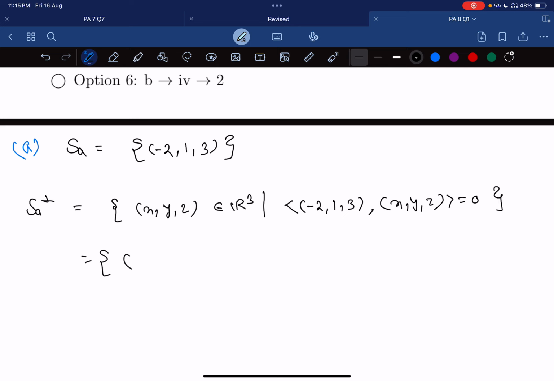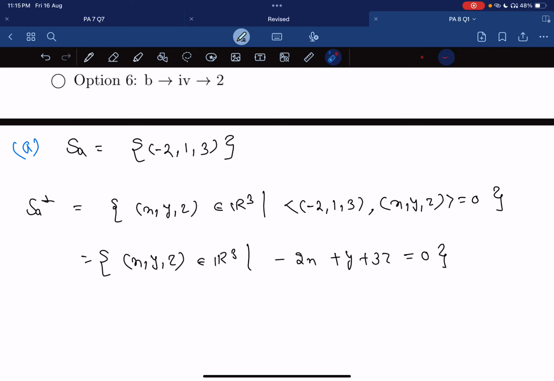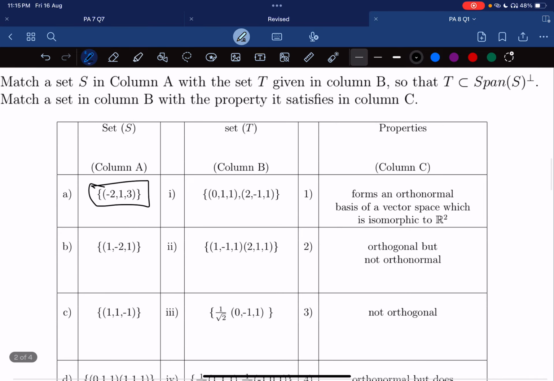So it would be minus 2x plus y plus 3z is equal to 0. Now all we need to do is check which of the sets in column B satisfy this condition, that is minus 2x plus y plus 3z equal to 0. So let's check for this condition.